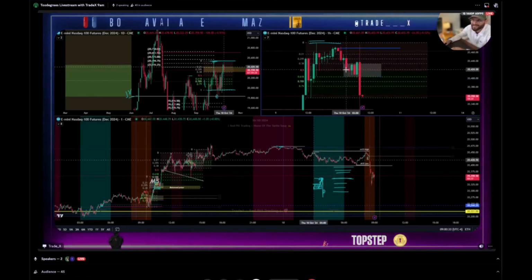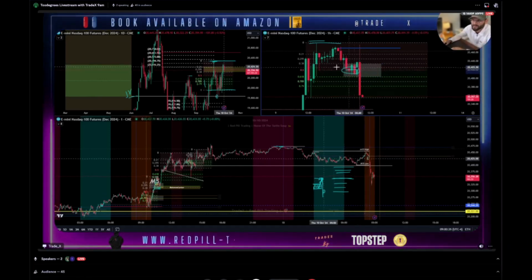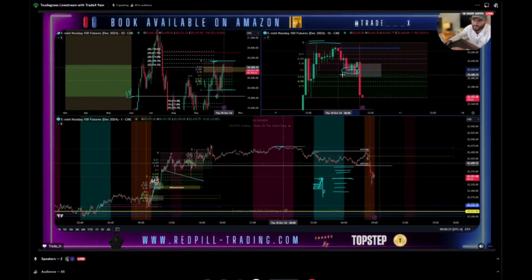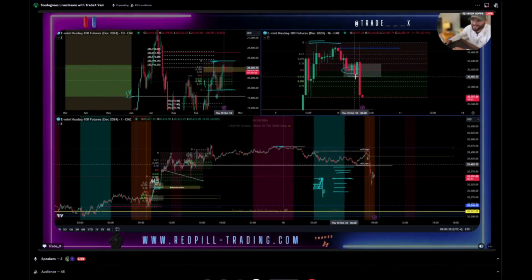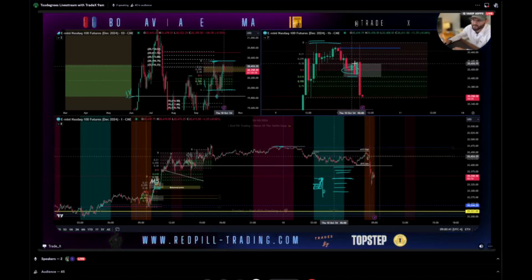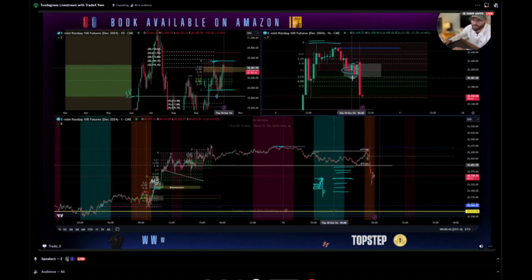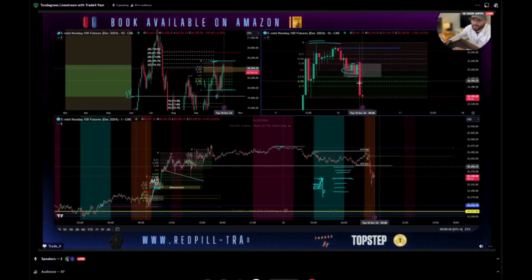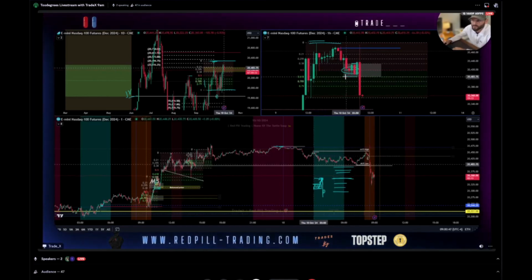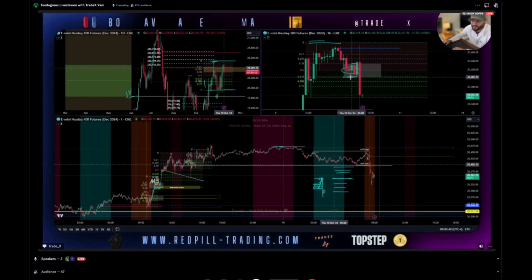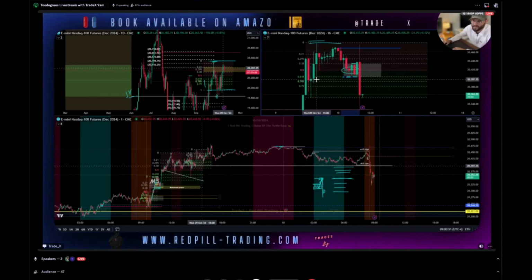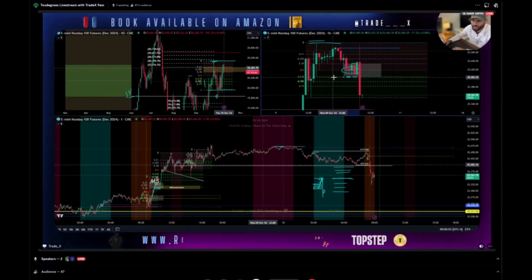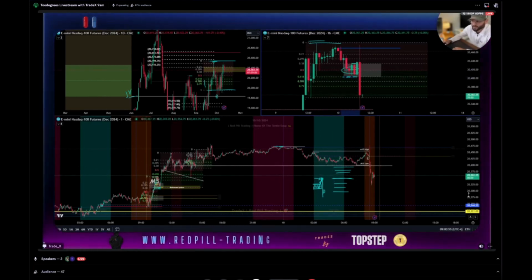You do not enter inside of here if you're anticipating consolidation. What you do is you either wait to enter at 62 or 38 on the premium or the discount side of that dealing range. And again, you're utilizing these X levels to frame your higher time frame PDRA at that level to support price.